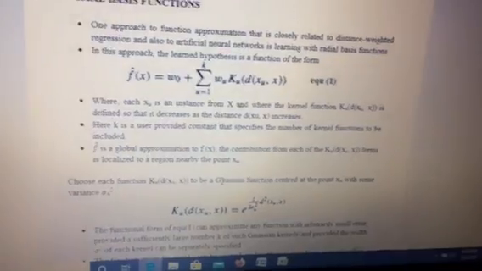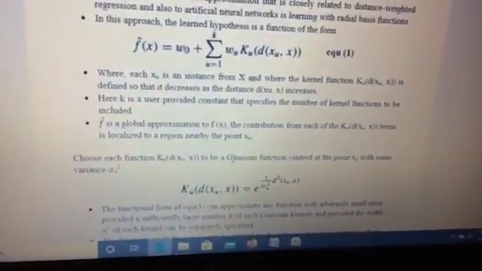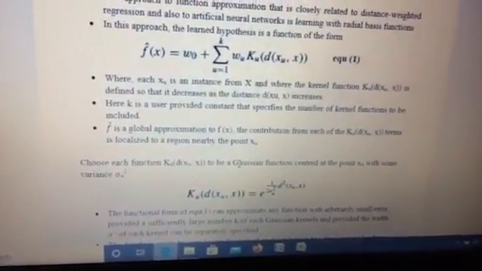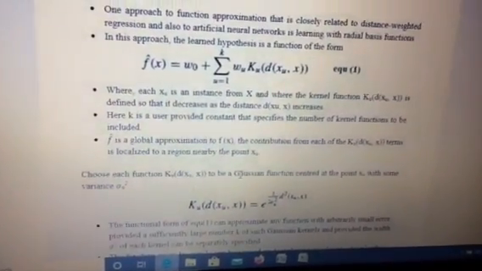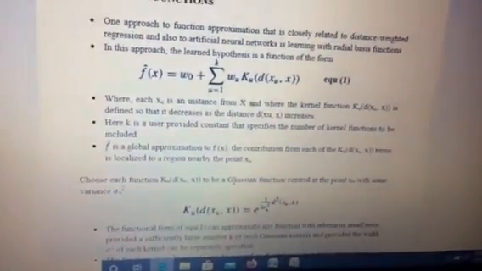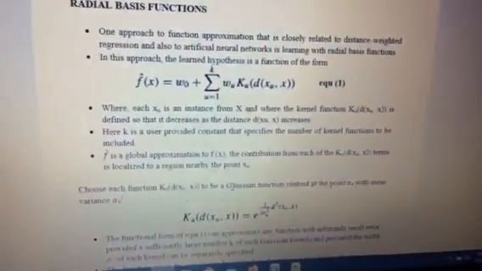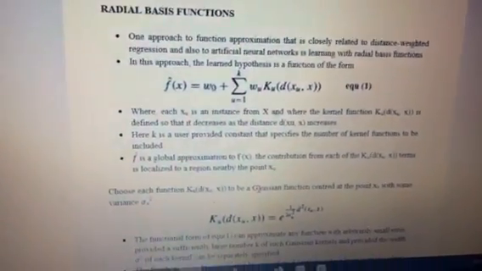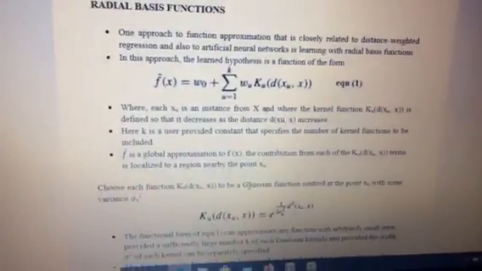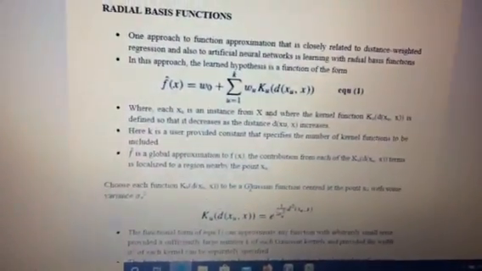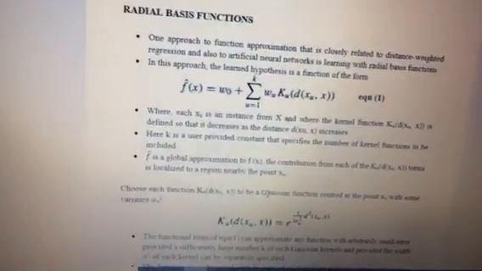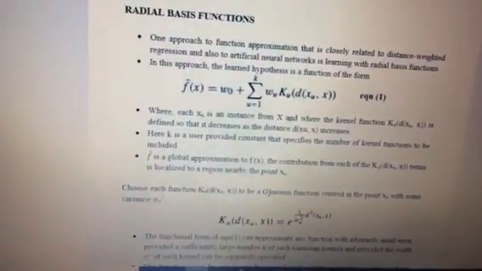The data points which are near to the query point xu, where the Euclidean distance is smaller, are assigned greater weights, and the data points which are away from the query point, whose Euclidean distance is larger, are assigned smaller weights.